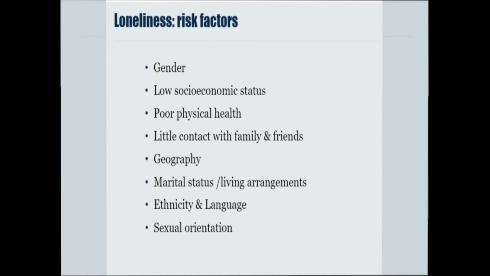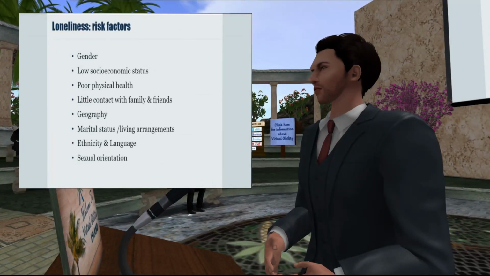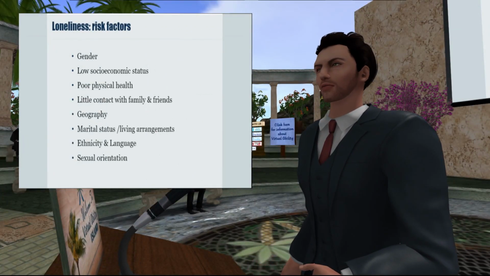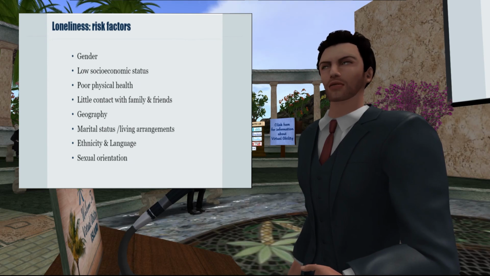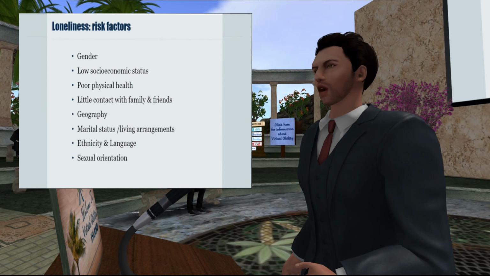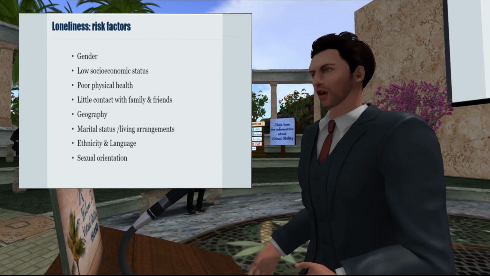Low socioeconomic status is not news. Again, if I'm rich and I have a house in Los Angeles, I will have 10,000 people coming to my house and parties every night. I'm rich, it's good to be my friend. Now, if I don't have that condition, why would people come to see me? They might be terrified that I will ask for money.